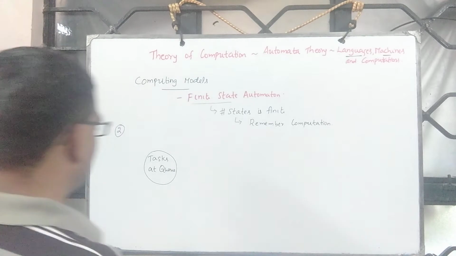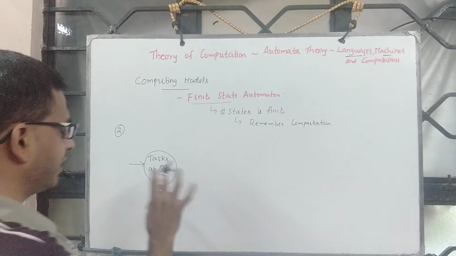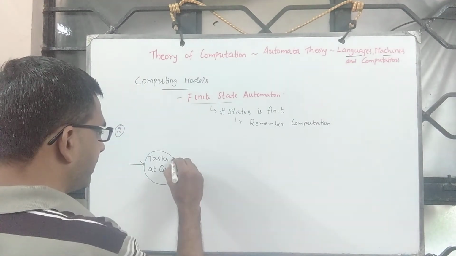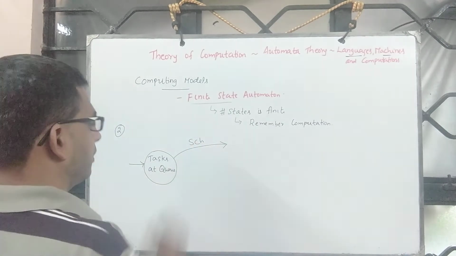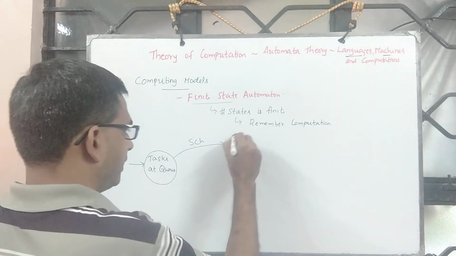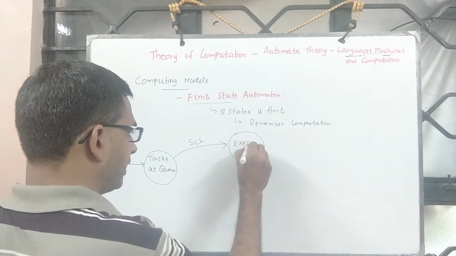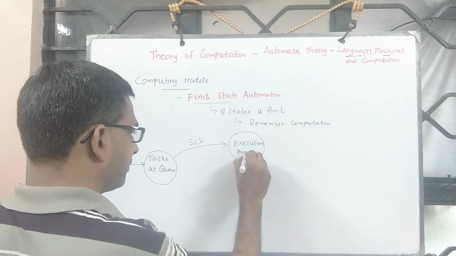Initially, when a task is placed for execution, it comes over here. And after some time, you schedule the task, then it goes to something called the execution or running state.